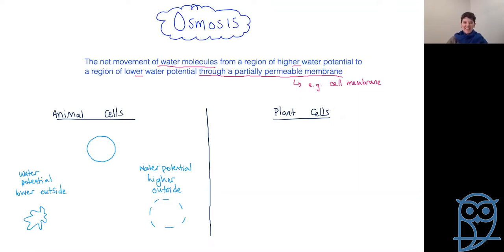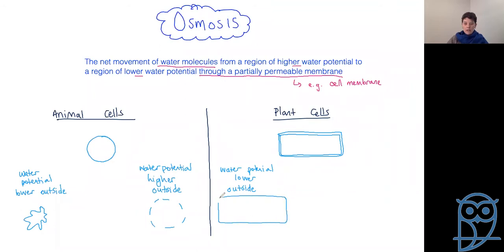Plant cells have a little bit more fun. In a plant cell, we have a far more interesting story. So the plant cell, there it is, with, of course, a cell wall. Now that cell wall is critical when it comes to this sort of thing. Let's say now that our water potential is lower outside. So the same thing happens, the water leaves, but the cell wall, remember, is a solid structure.